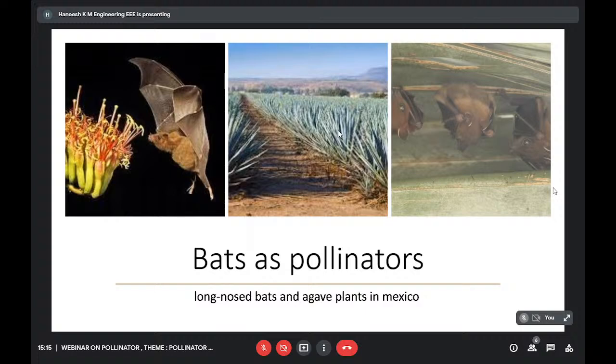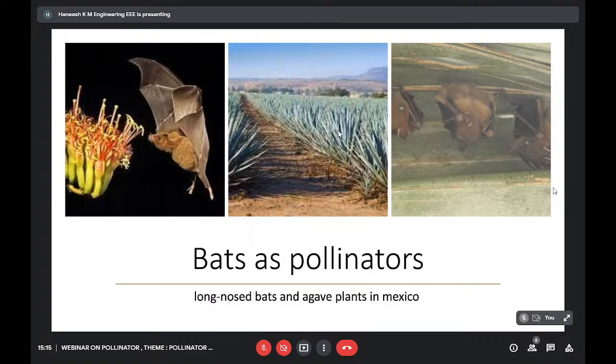Once all the agave plants were cut before they came into bloom, the bat population came down drastically. There were very few bats to pollinate all these plants, and they would cut down these plants before they were blooming.